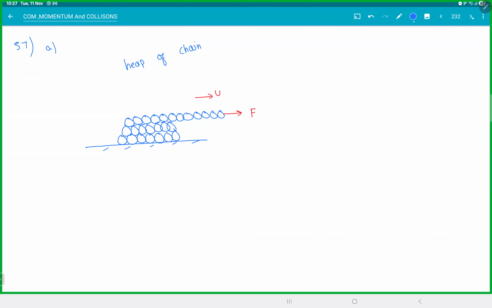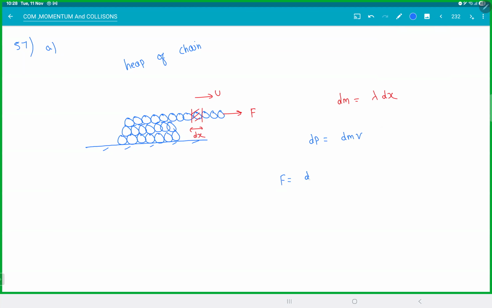There is also a faster way. Imagine a small part of the chain comes out. Let this be dx. So what is the mass of this small part? Lambda into dx. So dx part is coming out of the chain. So what is the change in momentum here? So dp will be dm into v. So this part is coming out with speed v.